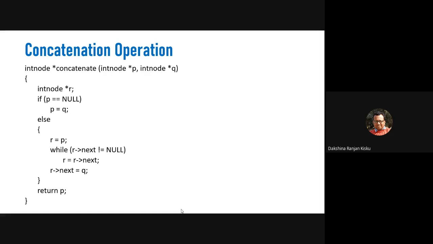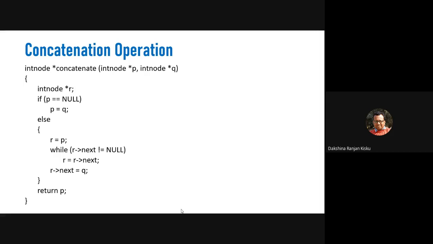Then after having the last node of the first linked list, we are making r next equals to q. That means the next link part of the last node, which is referred by r next, is made equal to q.